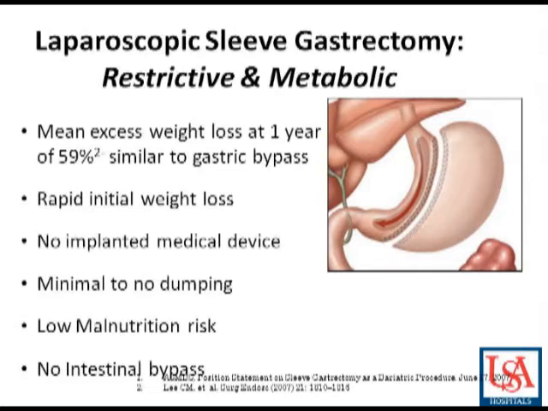It's a rapid initial weight loss, no implanted medical device, minimal to no dumping. Dumping syndrome is something that we see primarily after gastric bypass. And that's when people eat a liquid food like a chocolate ice cream sundae that's high in sugar.